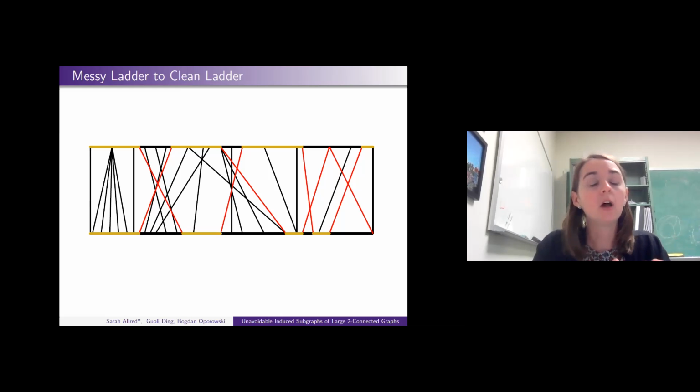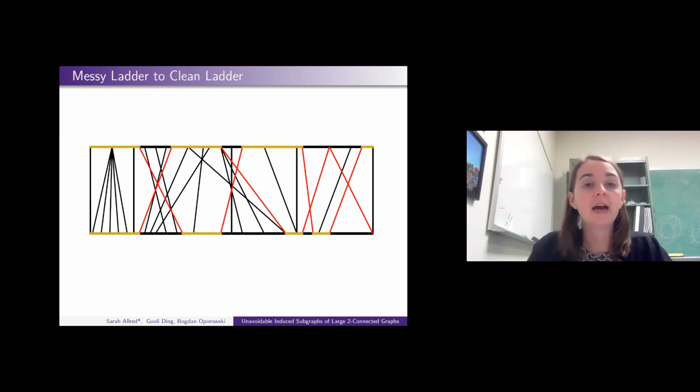Having a lot of these crosses is the most important thing to guarantee a clean ladder of the order that we want, because each of these crosses is going to contribute at least 2 vertices to our clean ladder. So we've taken a messy ladder, and we've started the process of cleaning it up.